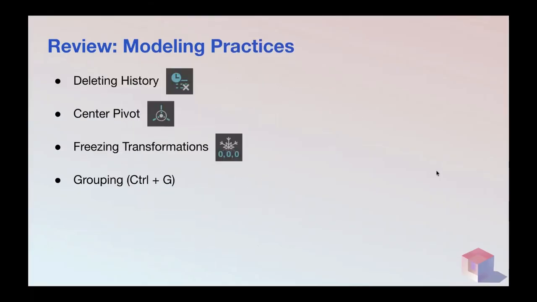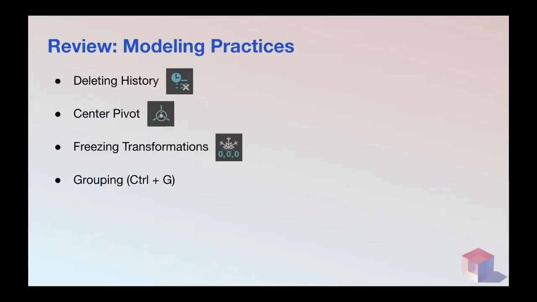And let's review some very important buttons that we have. The first one is delete history. It's extremely important to delete history, because if you do not delete history, it can be frustrating. It would create a lot of problems in the future. So just please delete your history.